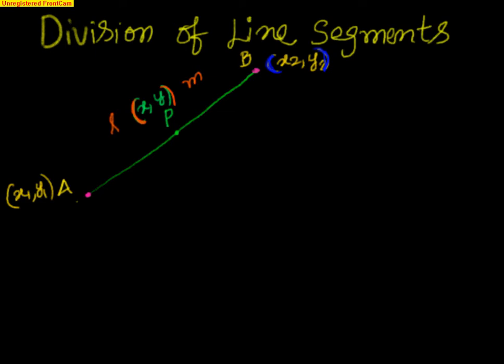Let me plot the horizontal distance. If I draw perpendiculars from P and also from B, and I join them, now let's see what is the horizontal distance between A and P. P's x coordinate is x, A's x coordinate is x1, and we are going in the positive direction.